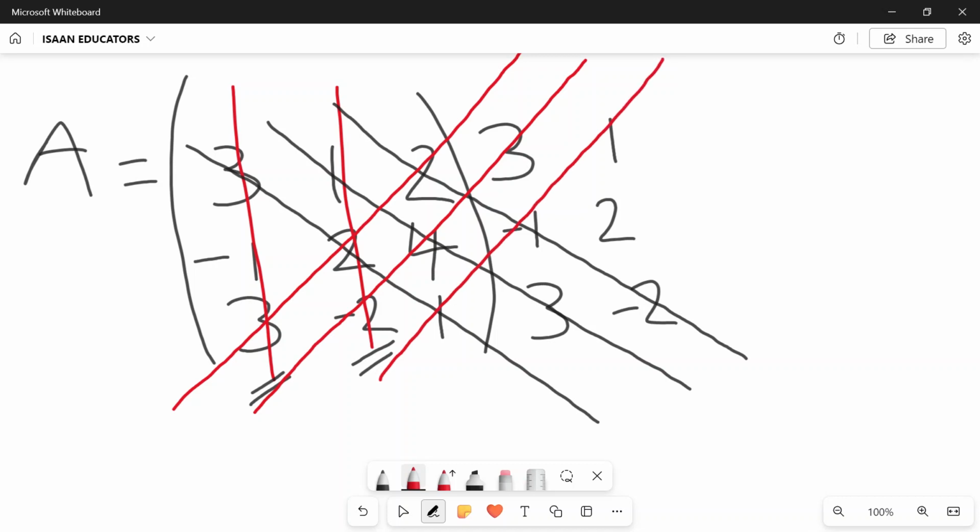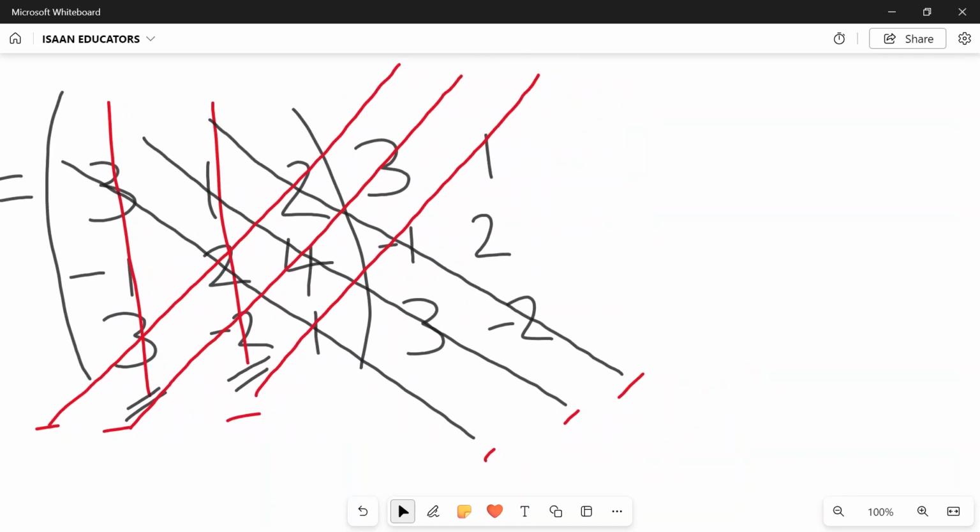So you're going to take the product of the elements in the leading diagonals, then subtract it from the product of the elements in the other diagonals, and then you'll be able to obtain the determinant. So let us do it practically.